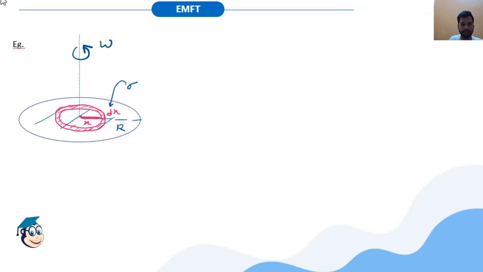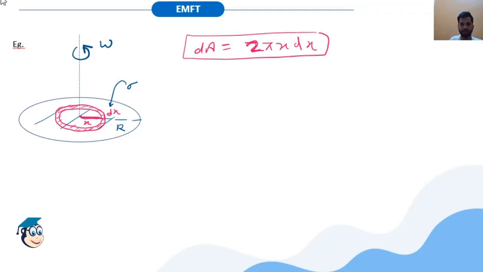So what would be the area of that strip of ring? That small area would be 2 pi x dx. That would be the small area of the strip of the ring. And what would be the area which is used in the formula of magnetic field?